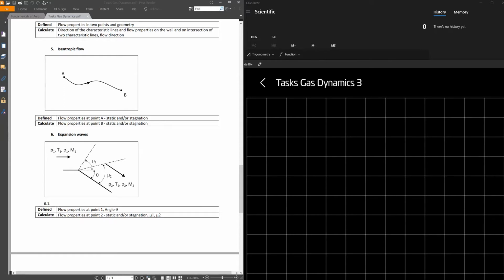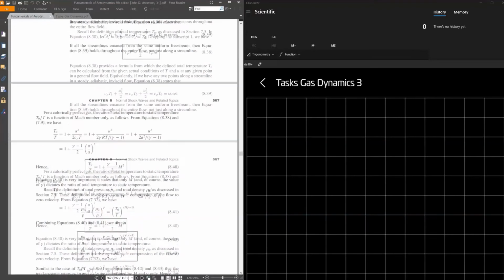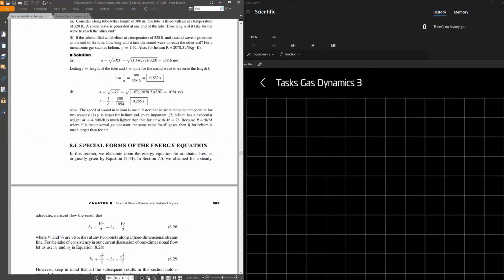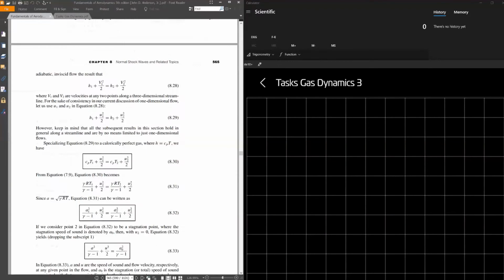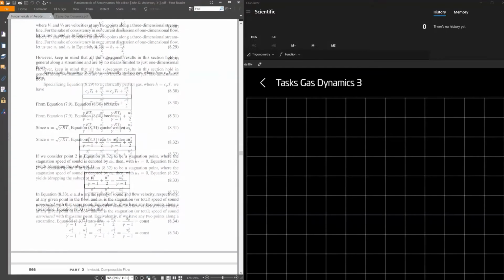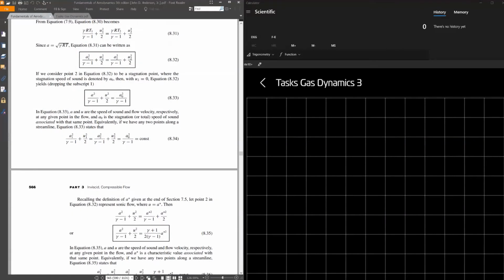I will show you that equation system, or equation model, and these results are from chapter 8 already. So we are talking about special forms of the energy equation. They give us the relation between temperature and velocity at different points. They give relation between speed of sound and velocity at 2 different points, including the stagnation point.